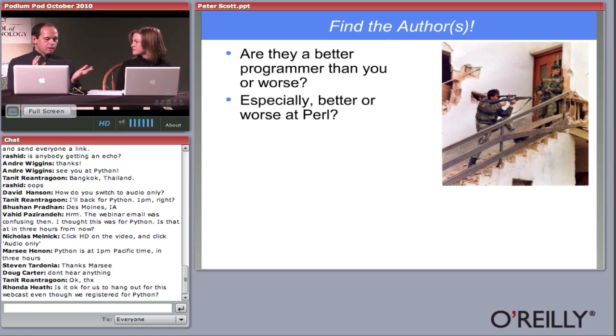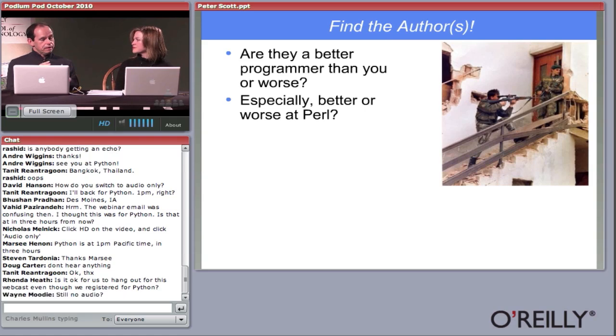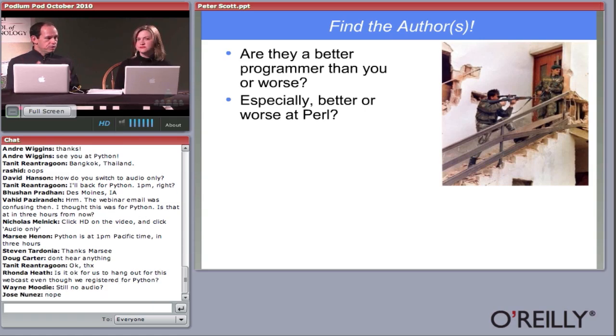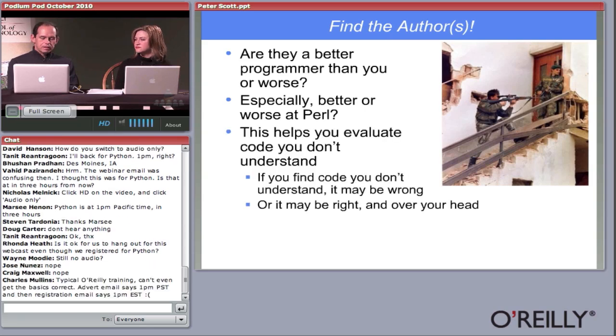If you've got some obscure piece of code there and you know that they're not as good a programmer as you are, then maybe they did it that way because that was the best they could come up with. On the other hand, if they're really good, then maybe I should ask them or look at this in more detail, because maybe they're doing something trickier than I understand, for a reason. Oh, I see. And they just forgot to tell me.